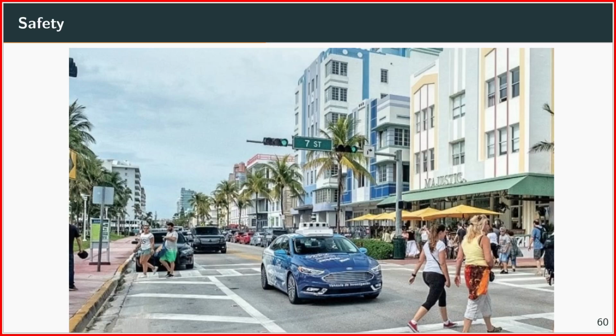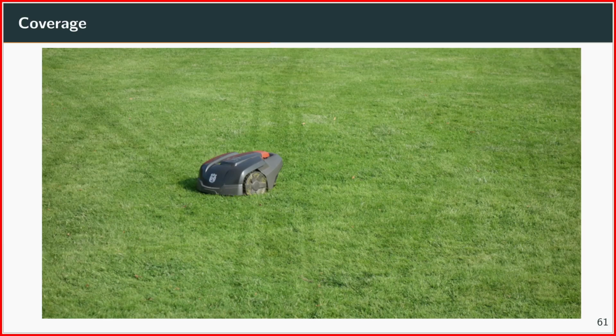Another one would be safety. So if you have an autonomous car, of course, you don't want to pass very close to people on the street. So you want to have maybe a certain distance to them. And so safety is, of course, super important, not only with cars, but also in a factory. You don't want to hurt anyone. And another could be coverage.